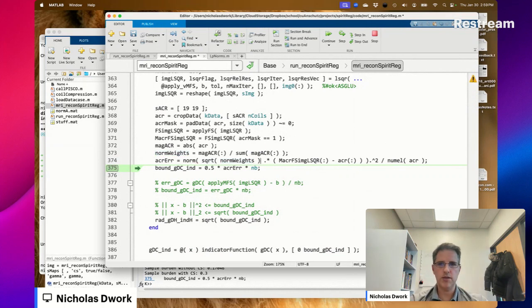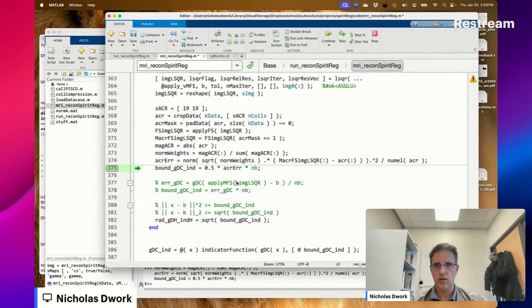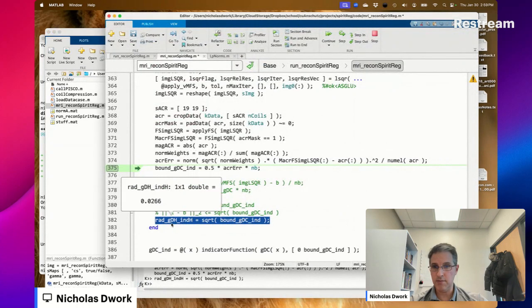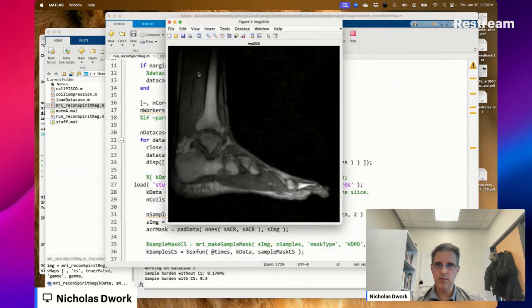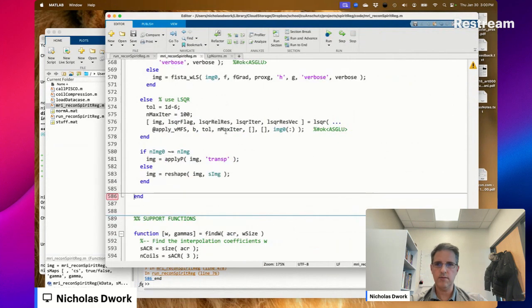That's the right answer, which is the old answer. And that's now something times 10 to the negative 2. Is that infeasible? Yes. That is still infeasible.